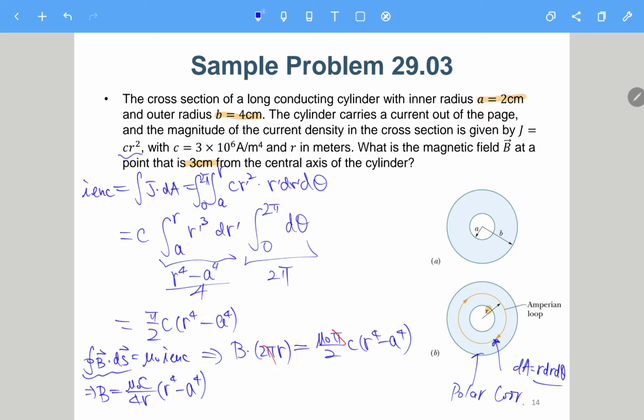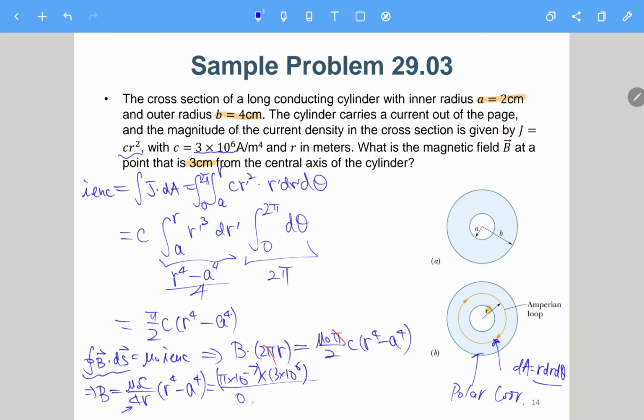Okay, so we can just plug in the numbers. Mu 0 is 4 pi times 10 to the minus 7, so the 4 can be cancelled, and it turns out to be pi times 10 to the minus 7. And then times c, which is 3 times 10 to the 6th power, all over 4, which we already counted.